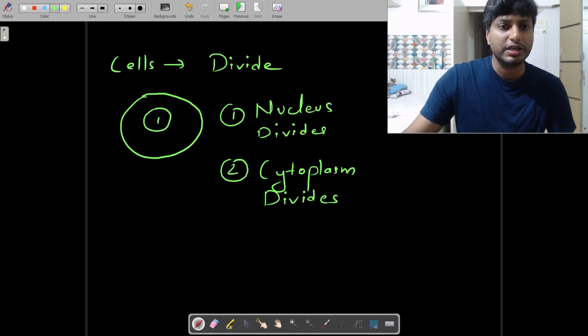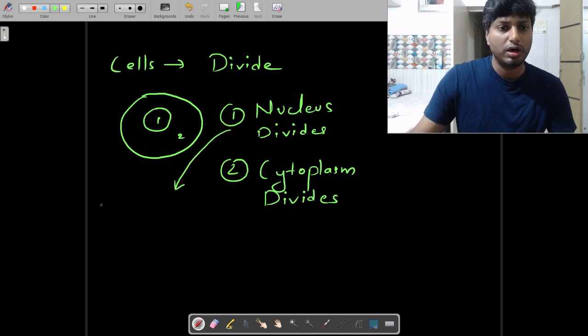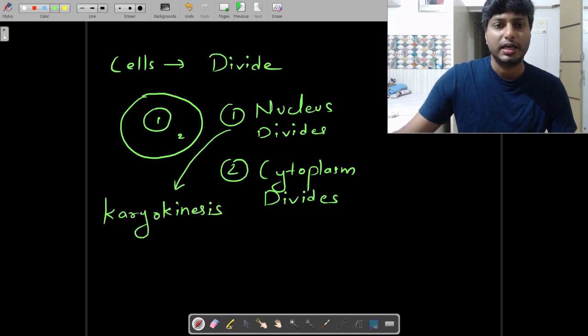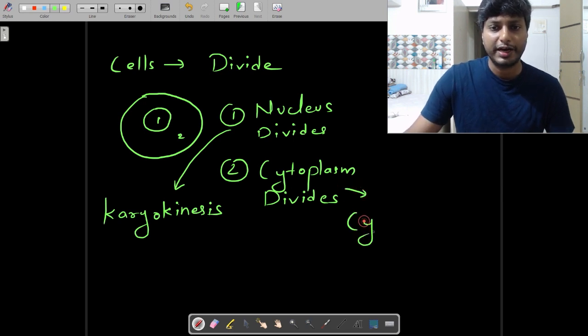Whenever a nucleus divides, such a type of division is called karyokinesis. Once the nucleus divides, the cytoplasm of the cell is going to divide. This cytoplasmic division is called cytokinesis.